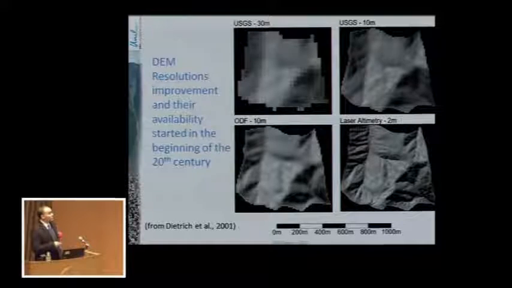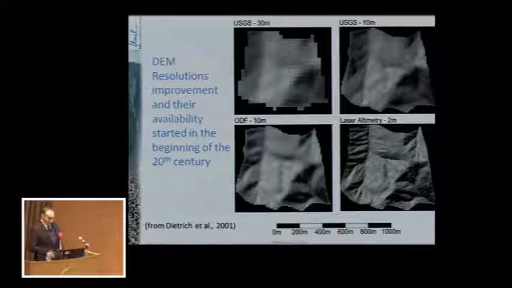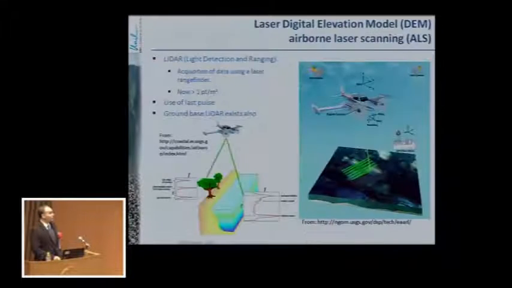This is 30 meter, 10 meter was already better, and now with LiDAR DEM, with 1 meter or less resolution, or higher resolution with a smaller grid size.